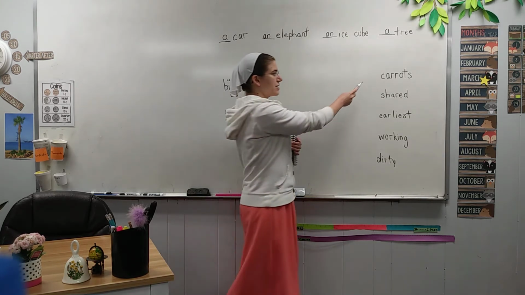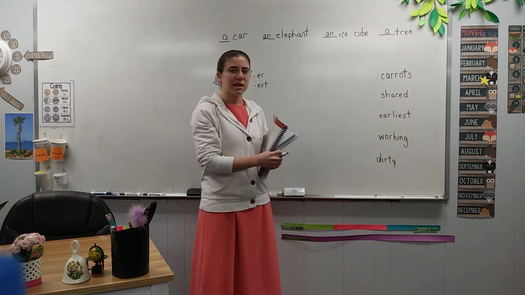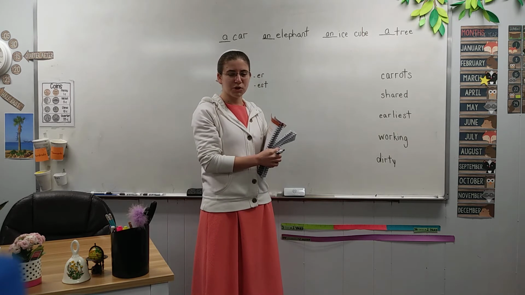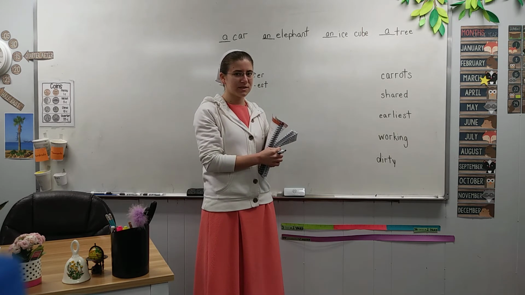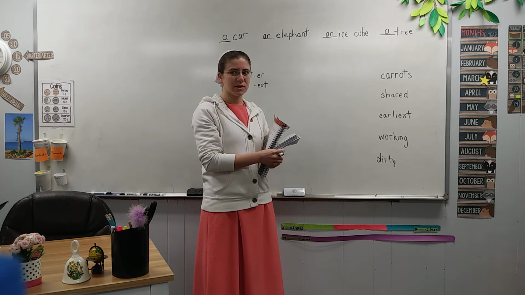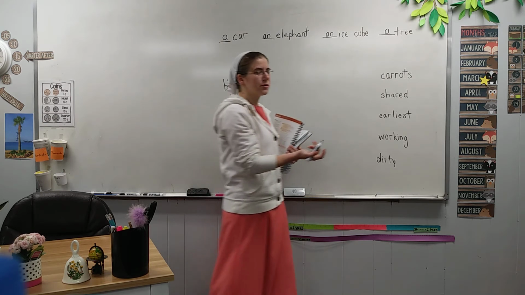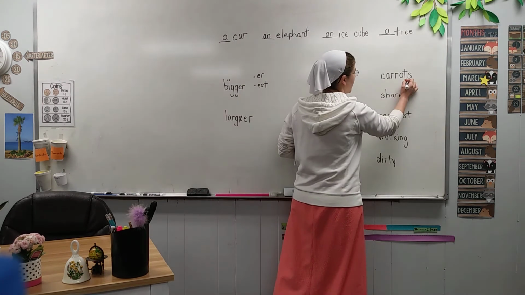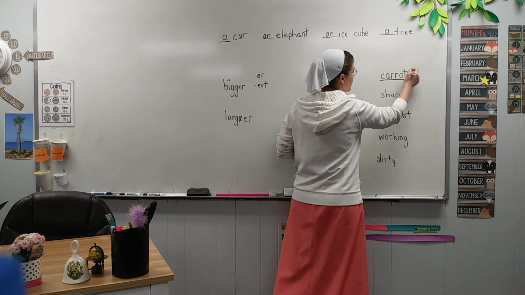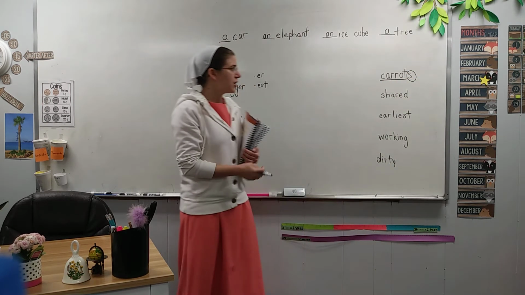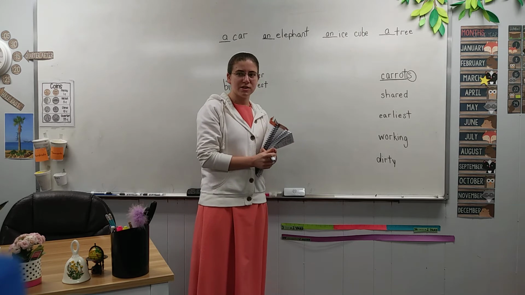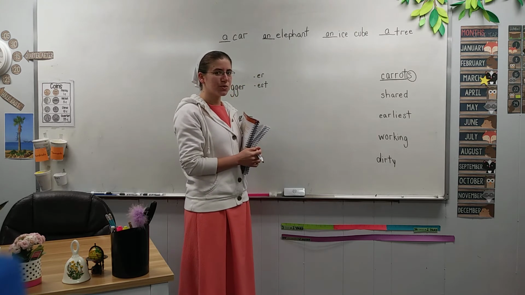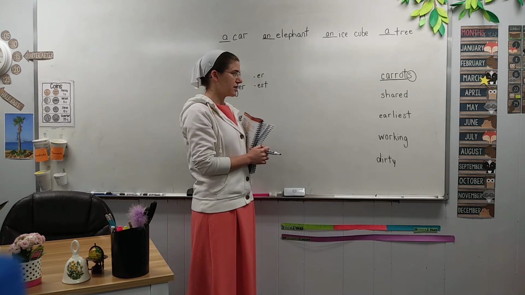So carrots. What is the root word for carrots? See if you can think of the root word and the suffix. The root word for carrots is carrot, and our suffix is S. What about shared? Shared. What is the root word and what is the suffix?